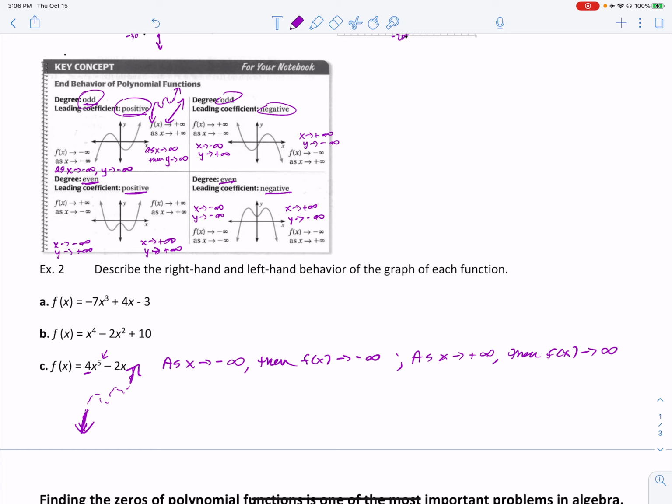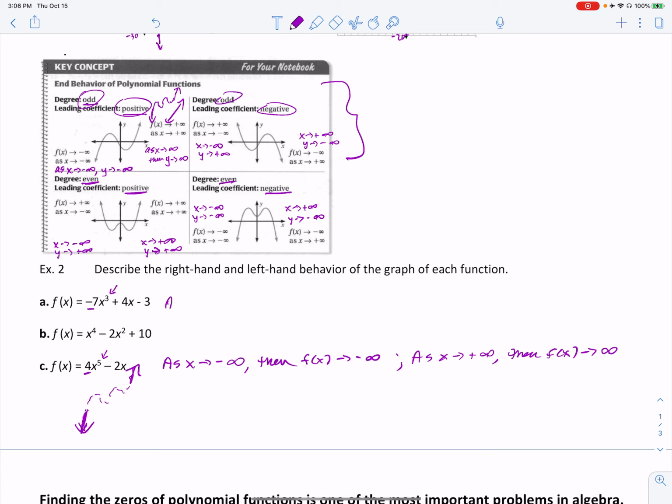So in part A, it's negative, and it's of odd degree. The leading term's -7, and this is of degree 3, which is odd. And so that means you've taken a normal x cubed graph and flipped it, so it is this case right here.